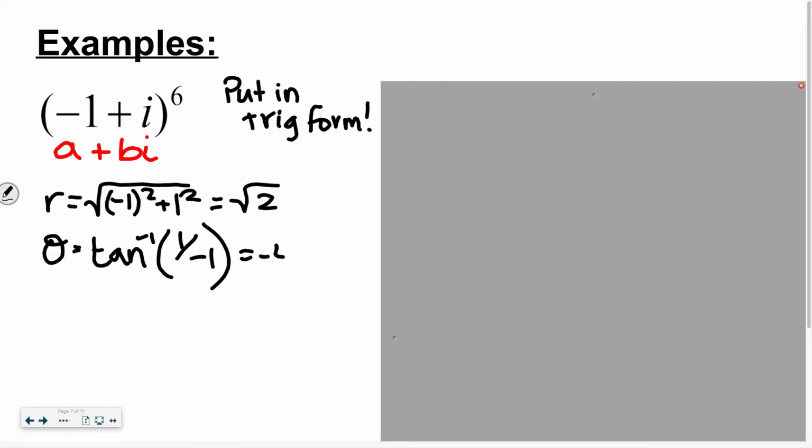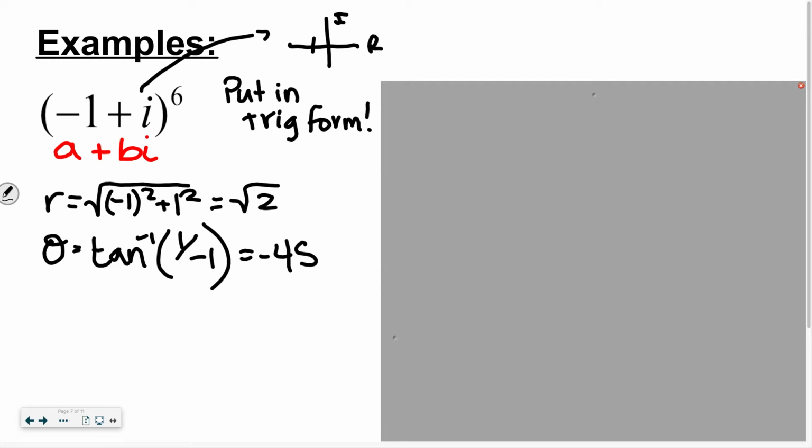And your calculator here is going to tell you negative 45 degrees for your argument, but that's not okay to leave as negative 45 because your argument should be between 0 and 360. So remember that you have to go back to like the visual of where this complex number is, just negative 1 plus i. If I were going to plot negative 1 plus i on the complex plane, remember the real part goes horizontal and the imaginary part goes vertical.